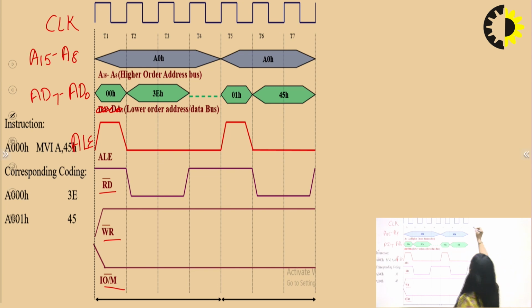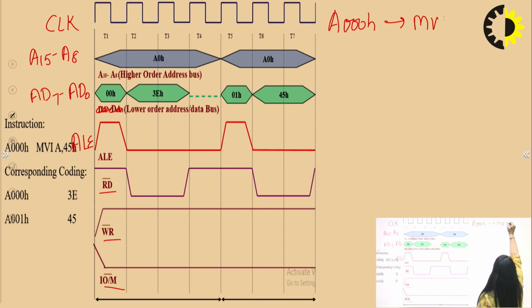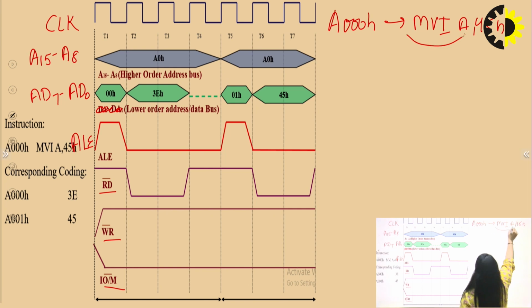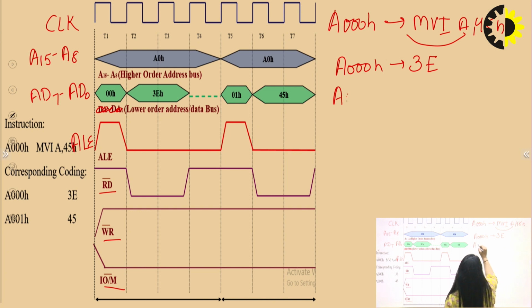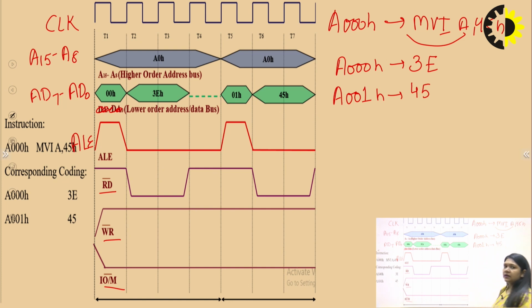For memory read, suppose the address is A000H and it is carrying MVI A, 45H. MVI A has the opcode 3E. So for A000, it will have the data 3E, and after one increment, A001 hexadecimal, it will be 45, which is given here. So we will need 2 memory locations, that means 2 bytes, and 2 bytes means 2 machine cycles.